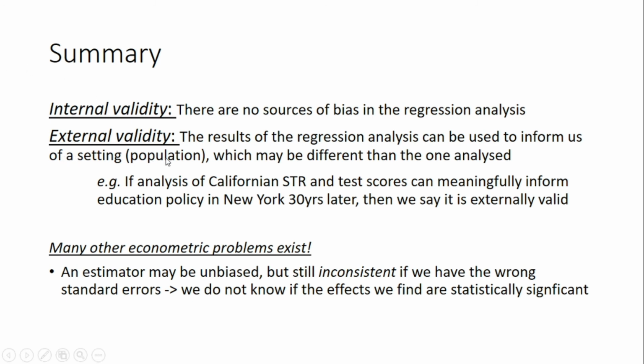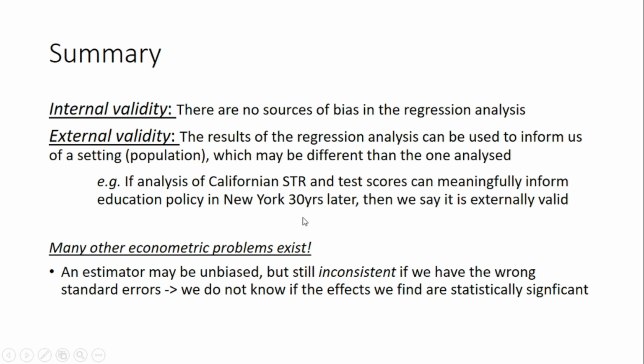External validity, on the other hand, refers to the situation where the results of the regression analysis can be used to inform us of a setting or a different population than the one we have analyzed. So for example, if analysis of the student-teacher ratio in California gives us some information about test scores there, then that's great, but I'm interested in New York, then we could say that the external validity may not hold.